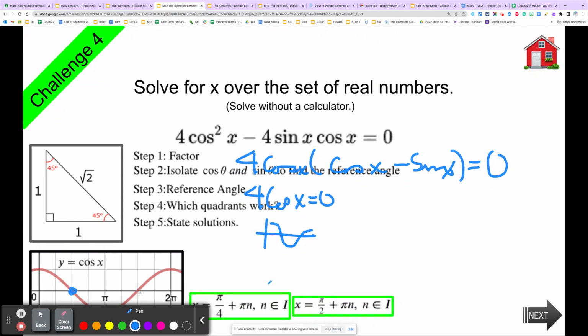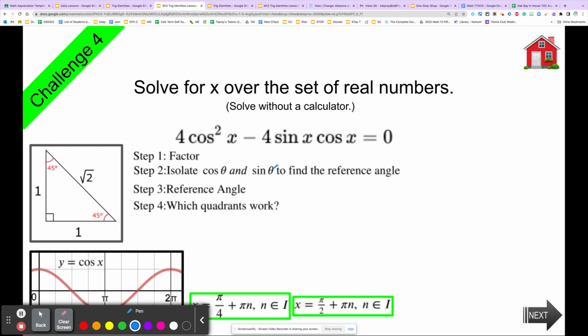So that's going to be pi over 2 and 3 pi over 2. So you'll notice in the solution here, it's pi over 2 plus pi n, because the gap between these points is pi. And so that's why it's pi n and not 2 pi n. Okay, so that's the first part. And I hope that helped.